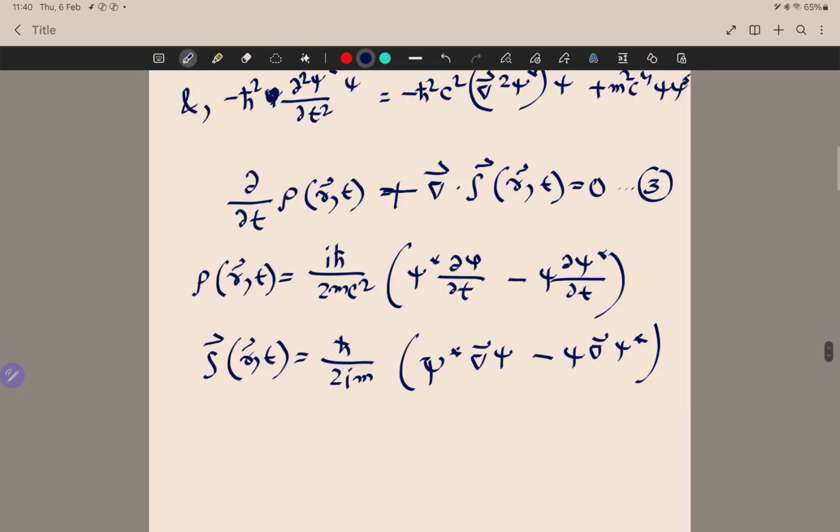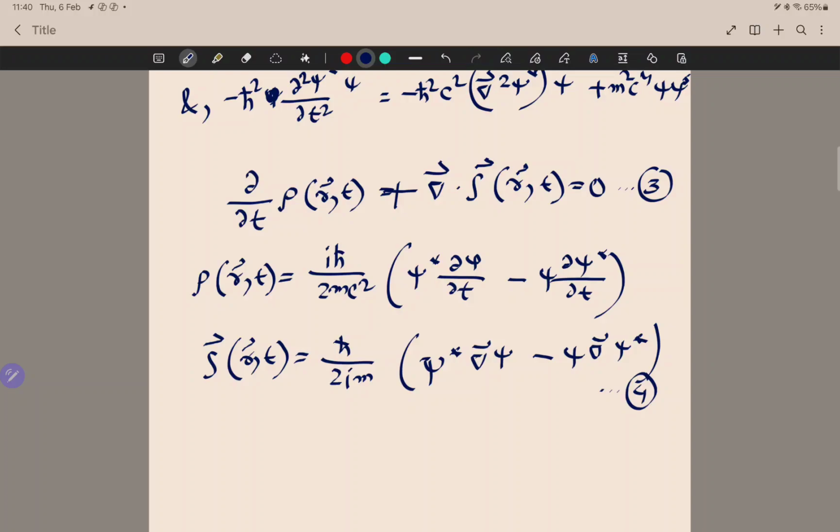This is equation number 3 and this is equation number 4. ρ is the charge density and S is the current density as in non-relativistic quantum mechanics.